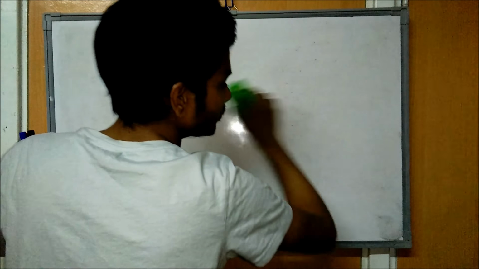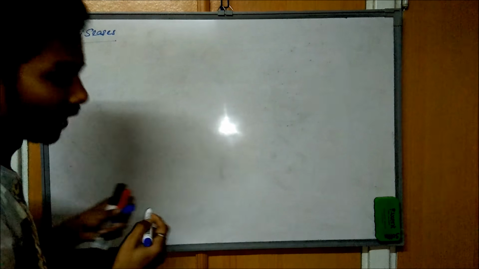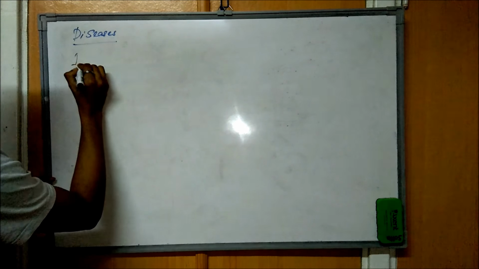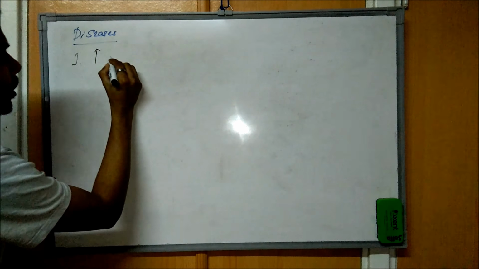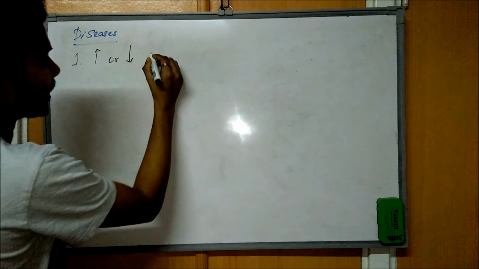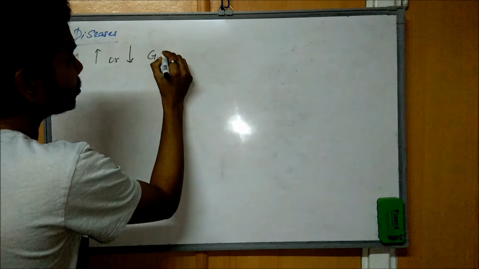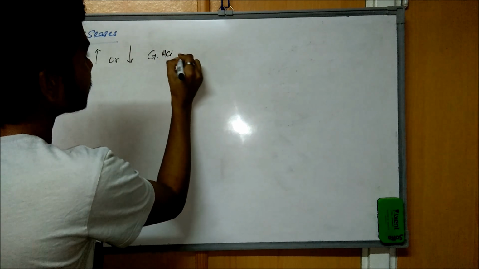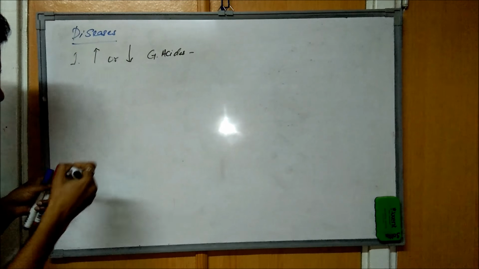So now we'll discuss the disease. What are the clinical aspects related to gastric acid production? First, there is increasing or decreasing production of gastric acids, which is related to other diseases.